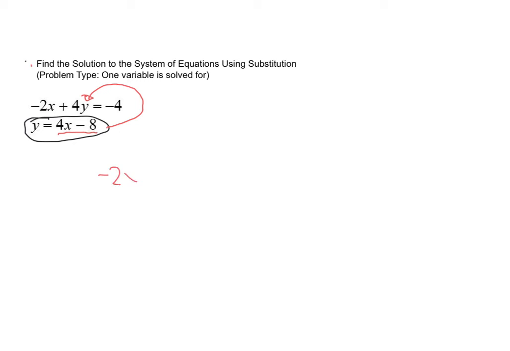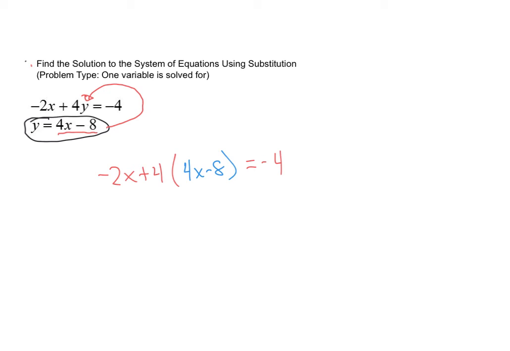So negative 2x plus 4, but now instead of writing the letter y, I will write everything it equals, which is 4x minus 8. And then I go back and keep everything I had before.